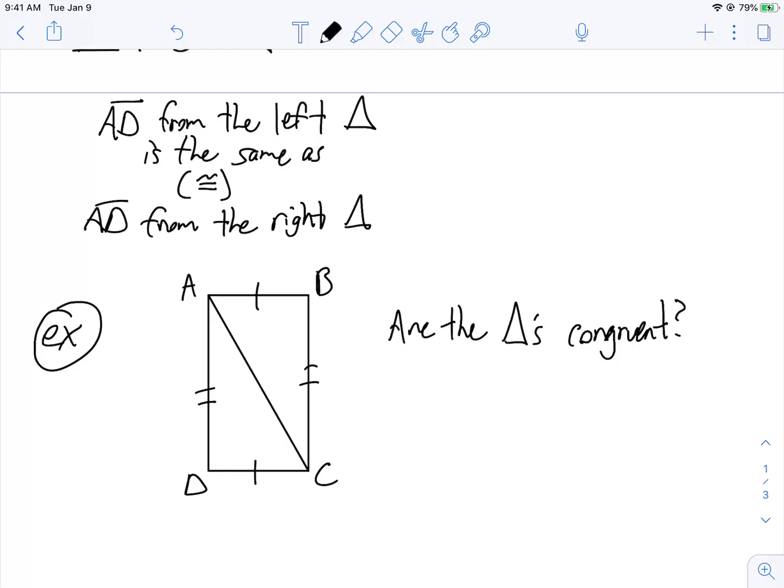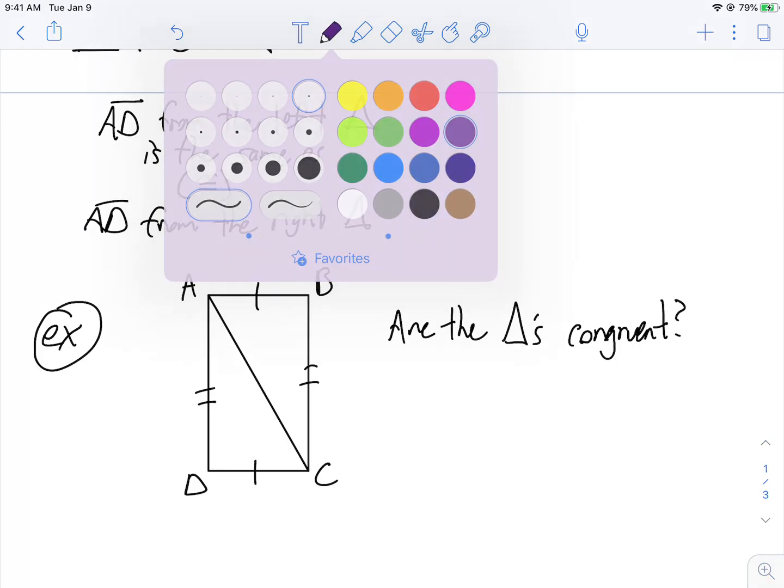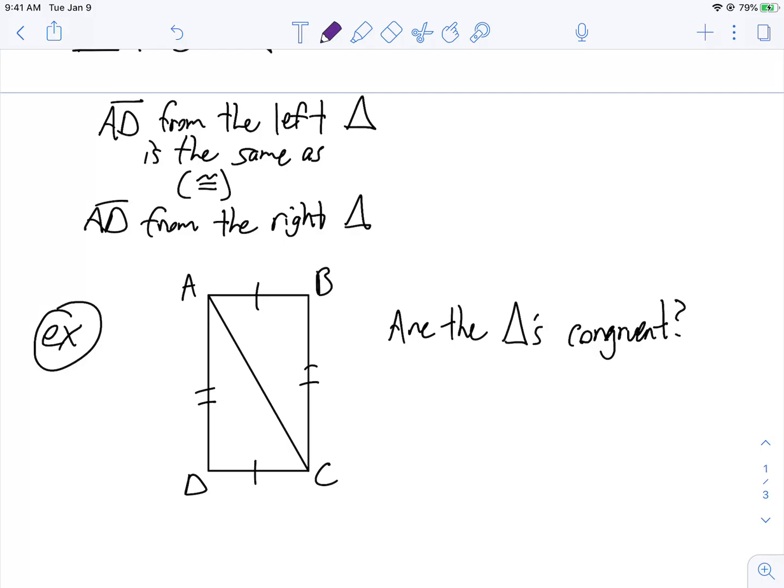So again, the answer would be yes, and the reason why is there's a piece of unwritten information in here. Let's make that not such a dark purple. We've got this shared side again. That means that all three sides are congruent.